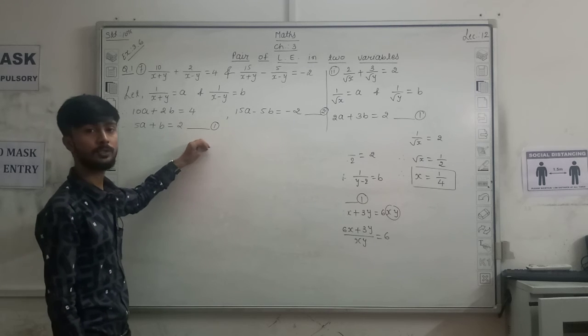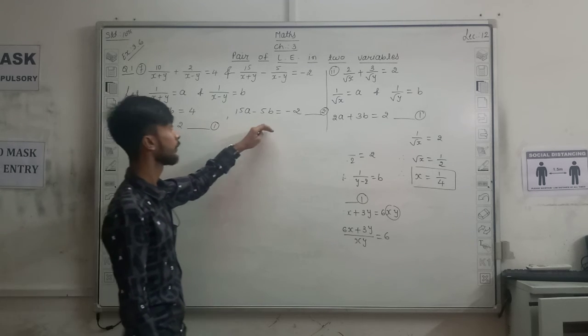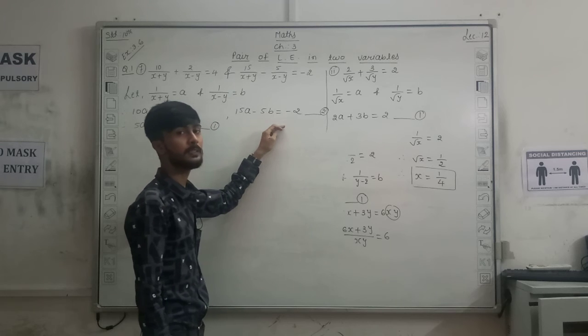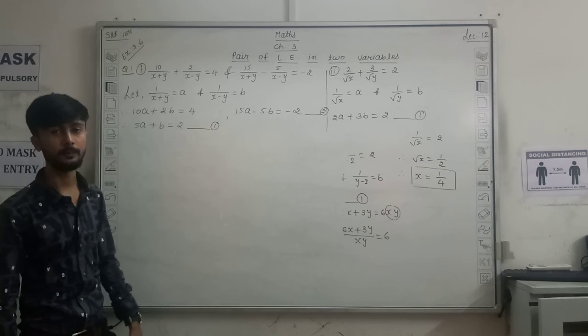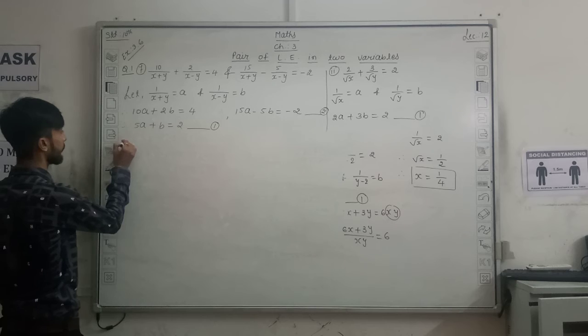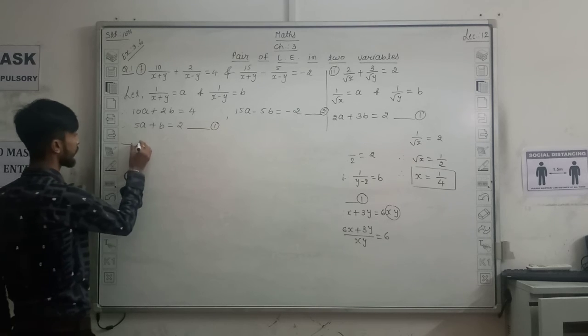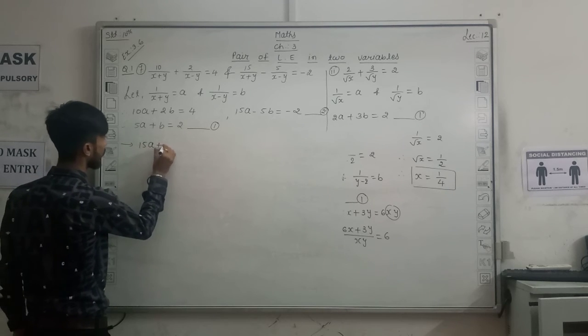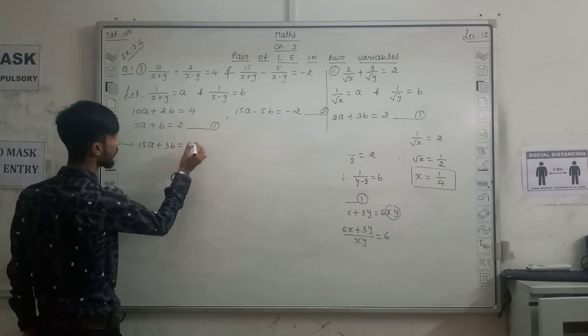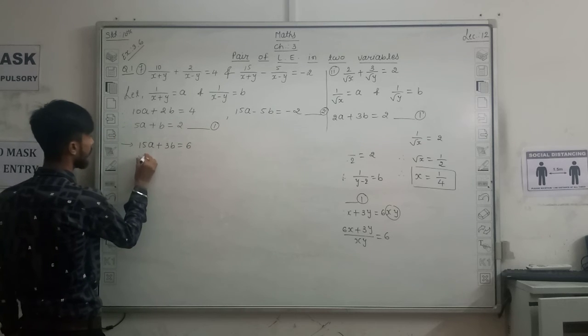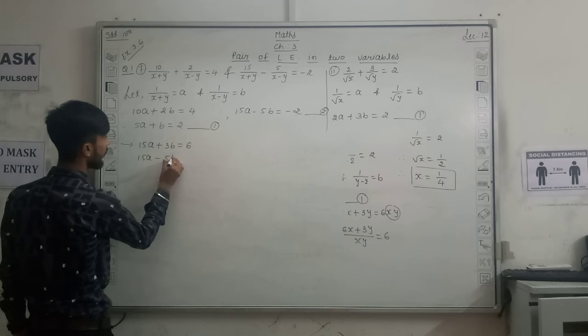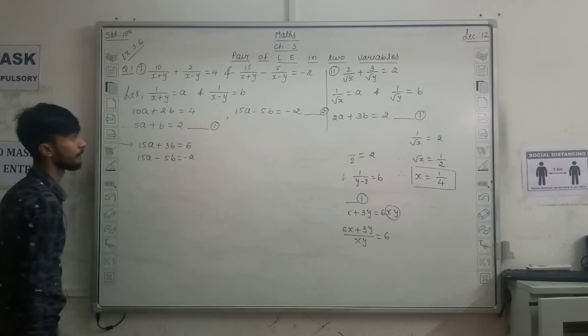So multiply equation 1 by 3 and equation 2 as it is, that means multiply by 1, and then eliminate. So multiplying by 3, we get 15a plus 3b equals 6. Second equation as it is, 15a minus 5b equals minus 2.